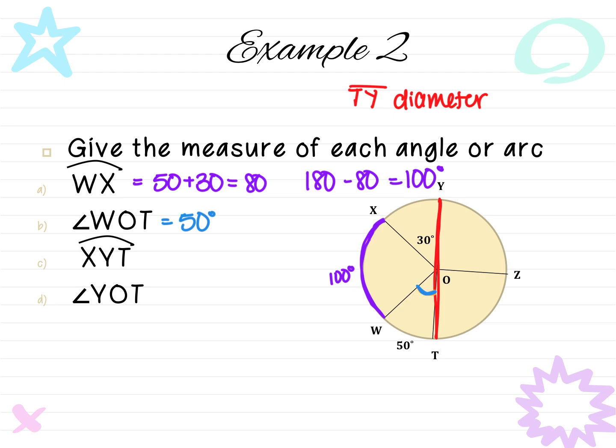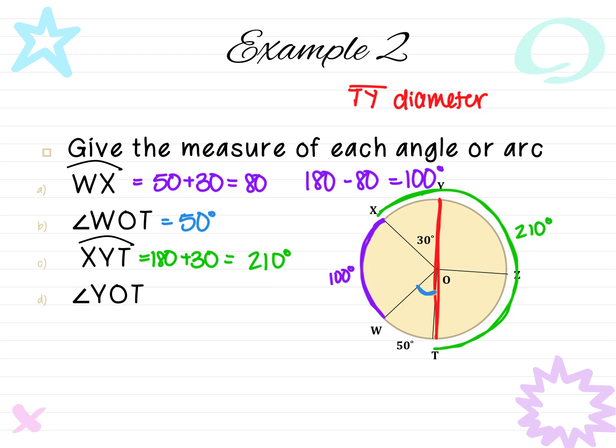Looking at the next one, arc XYT, X right here to my Y and going around to T. How would I find that out? Good, I'm going to do 180 plus 30. If I added correctly, I'm going to get 210 degrees.